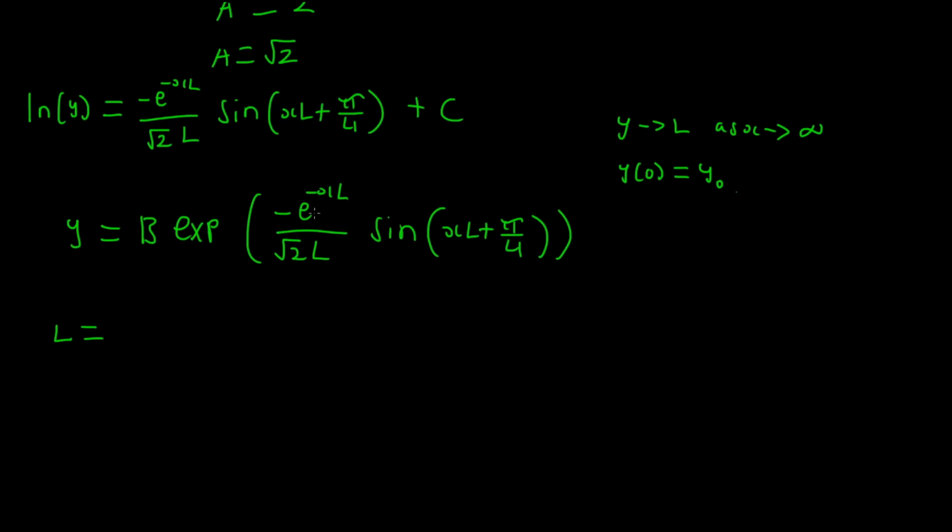So exponential of 0 is 1, that means we'll just get L equals b. So we can write our approximate function as L times this function up here.